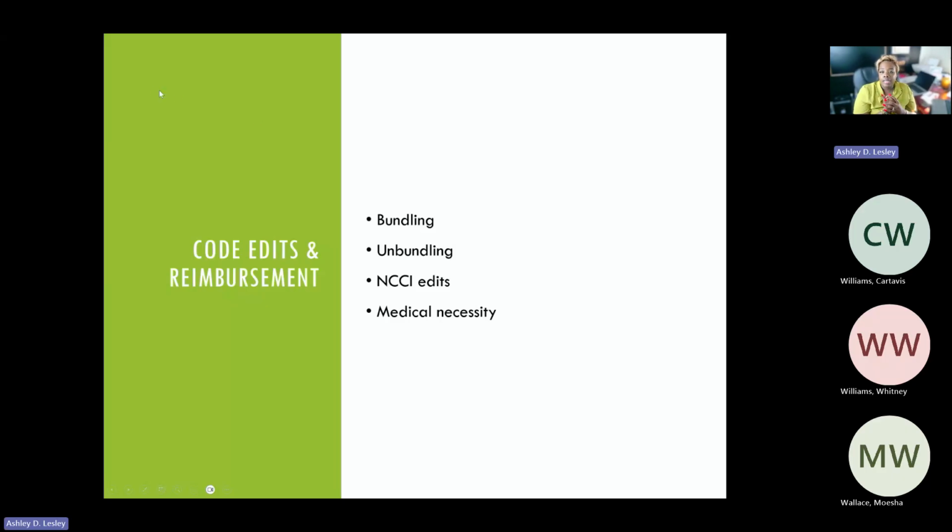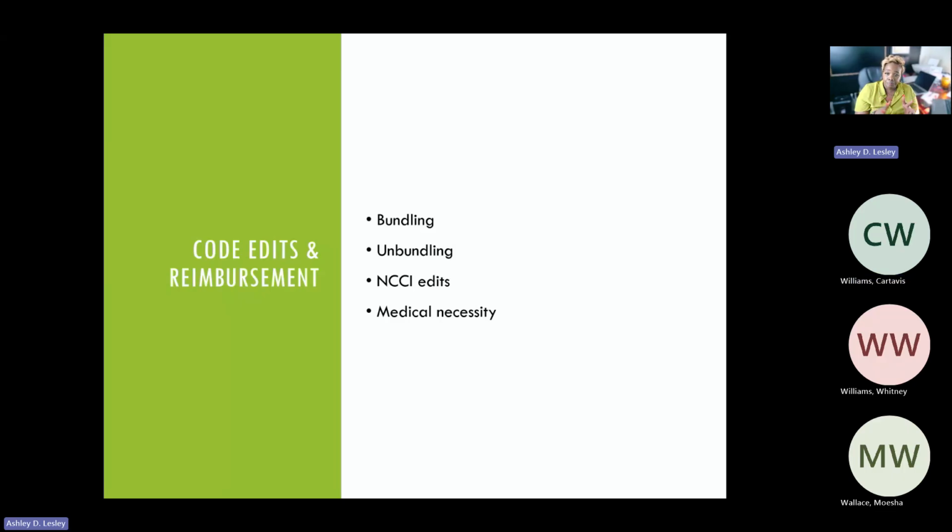All right, code edits and reimbursement. As I said before, there are some things that are included in CPT codes, so they're bundled. Think of it as a bundle package: home, internet, phone, TV, bundled. It all comes together, all one price.